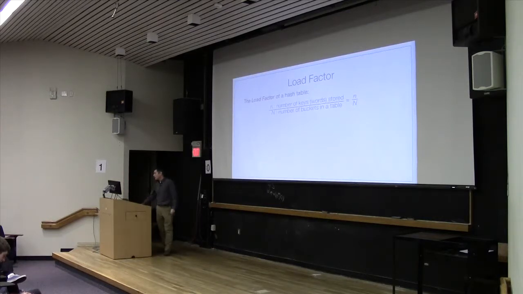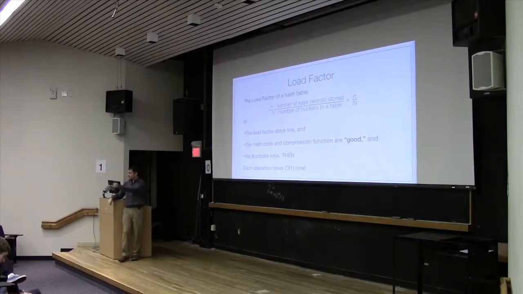In other words, how loaded up is our table? If the load factor stays low, if the hash function is good, and the compression function is good for various definitions of good, and there aren't any duplicate keys, you're going to get order 1 time.